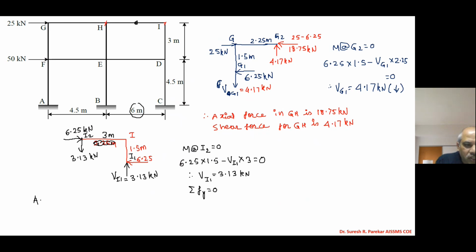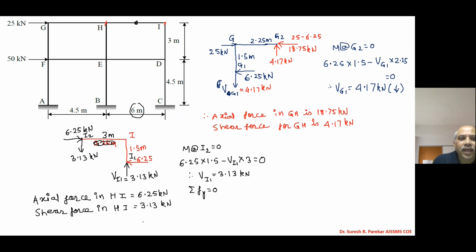And then we can write the axial force in HI, and that is equal to 6.25 kilonewtons, and the shear force in HI is equal to 3.13 kilonewtons.